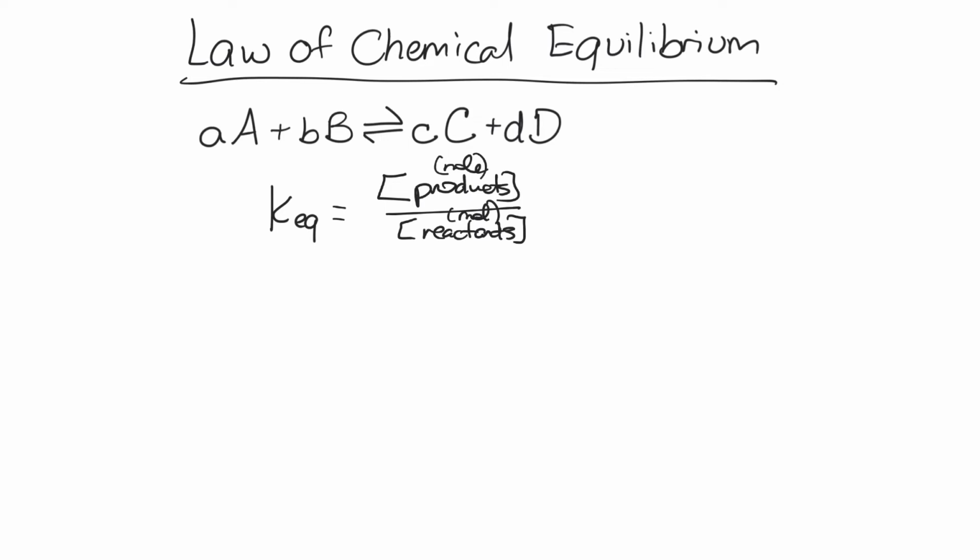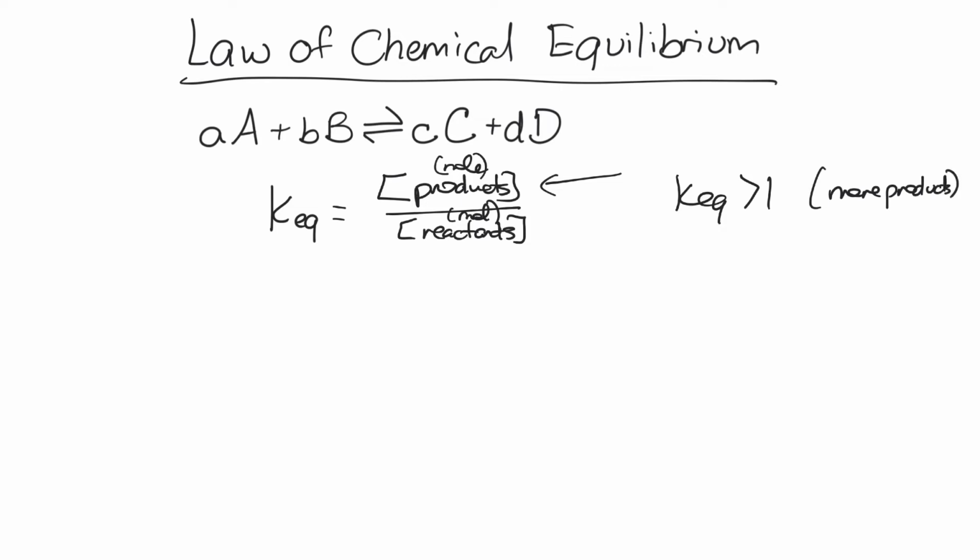In order to get this to be a constant value, you notice, if the reaction favors the products, if you have more products than reactants at equilibrium, then Keq is greater than 1. That means you have more products than reactants.